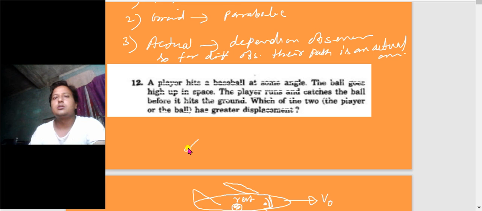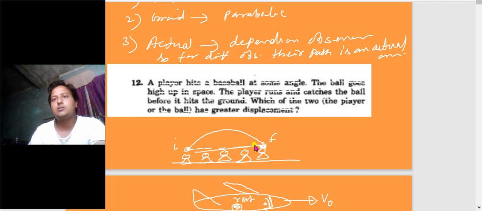As the ball goes along a parabolic path and the man moves along the horizontal, the initial and final positions of both are the same, so the displacement of the ball equals the displacement of the player. Both are equal.